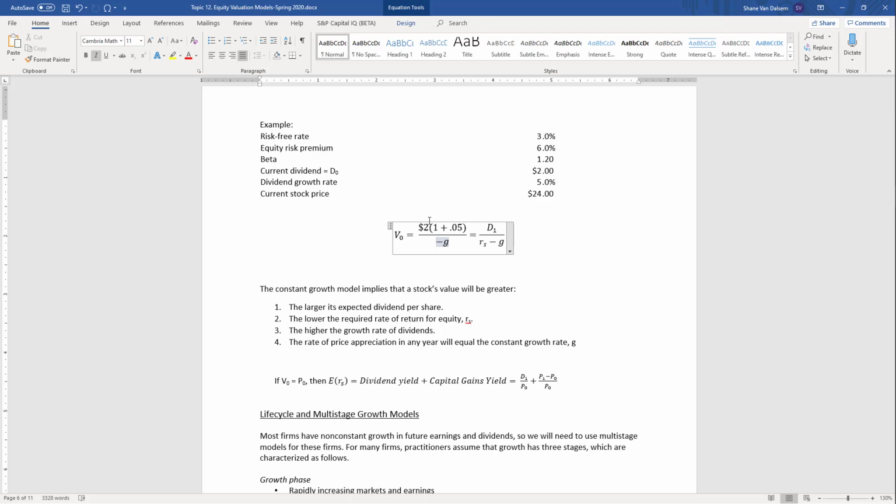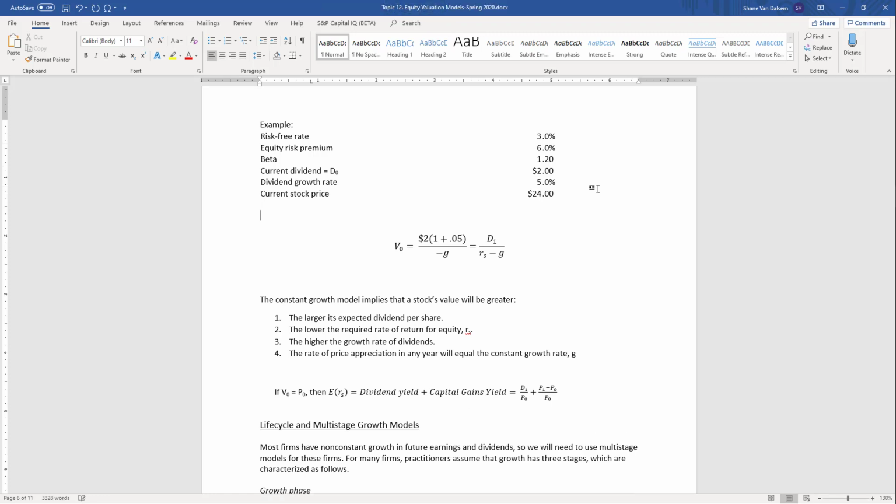Our equity risk premium is 6%. Our beta is 1.2, and our risk-free rate is 3%. So our required rate of return on equity using the capital asset pricing model is going to be equal to the risk-free rate of 0.03 plus the beta of 1.2 times the equity risk premium of 0.06.